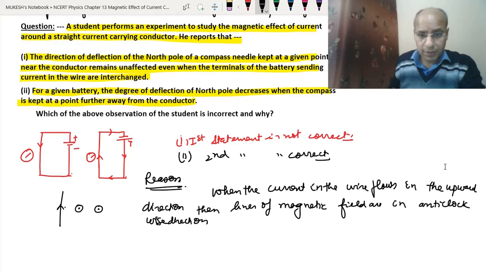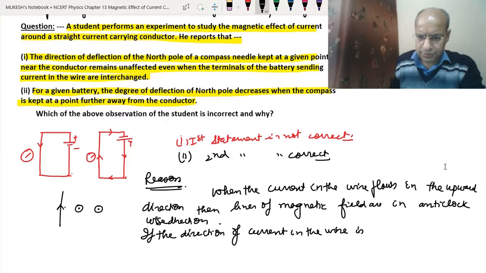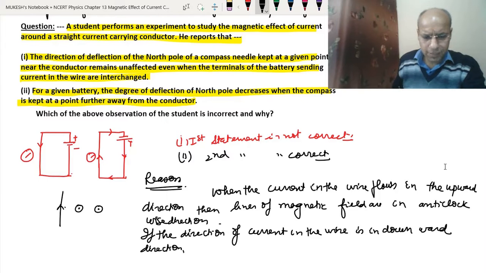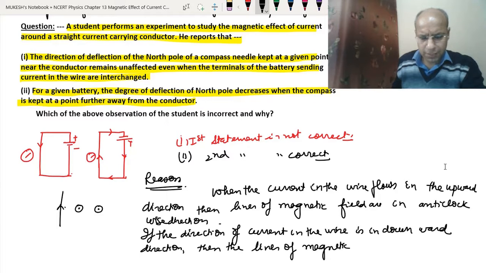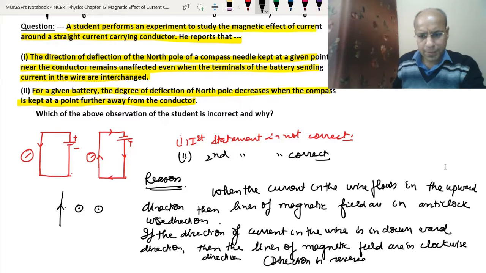Now, if the direction of current in the wire is in downward direction, then the lines of magnetic field are in clockwise direction. That means the direction is reversed. And the rule we have used here is the right hand thumb rule. I hope this is clear to you.